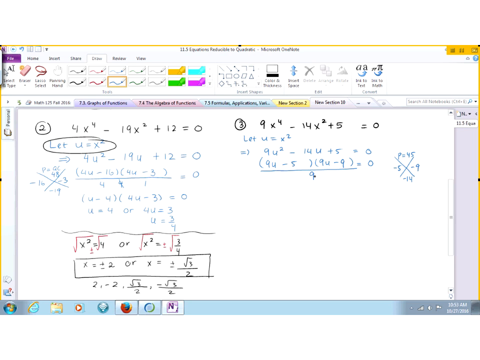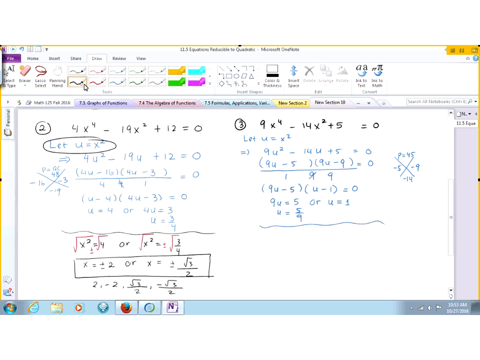All right. So what do I do with my 9? Split it into 1 times 9. So we have 9u minus 5 multiplied by u minus 1 is equal to 0. So 9u is equal to 5, or u is equal to 1. So what is u here? 5 over 9.